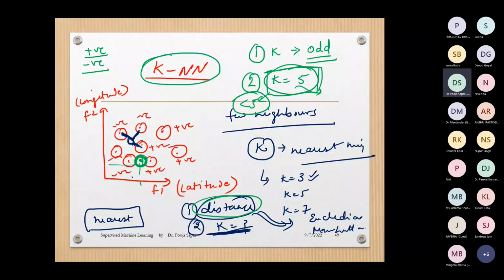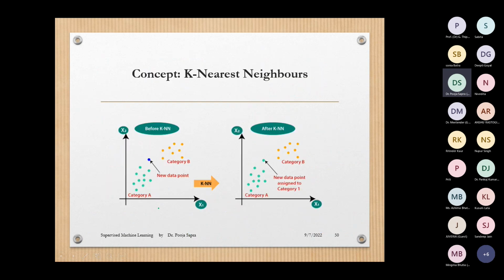I want to check in which class it should lie, whether COVID positive or COVID negative, right? How to predict it? To predict it, I require the nearest neighbors. I'll check what the majority is. If the majority of the people are COVID negative, I would say this person is going to be COVID negative, right? If the majority of the people are COVID positive, then definitely you have more chances of having COVID positive symptoms, right? Clear?